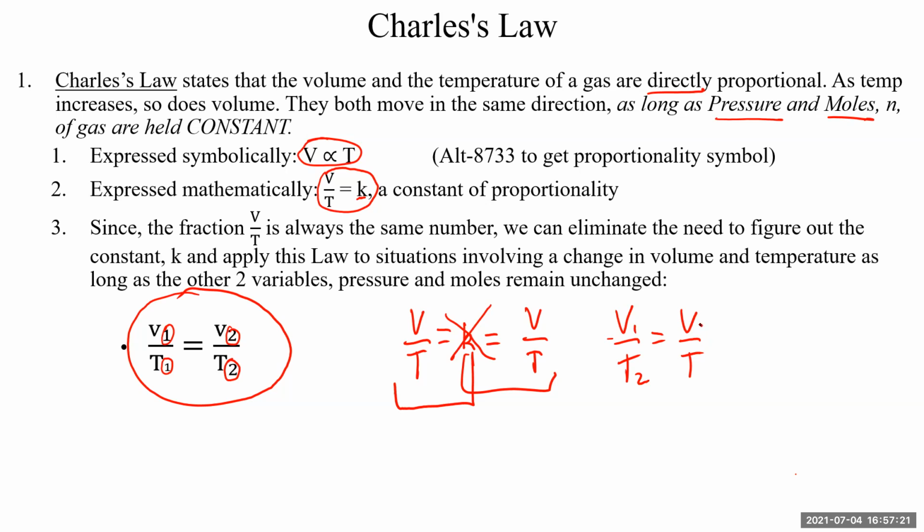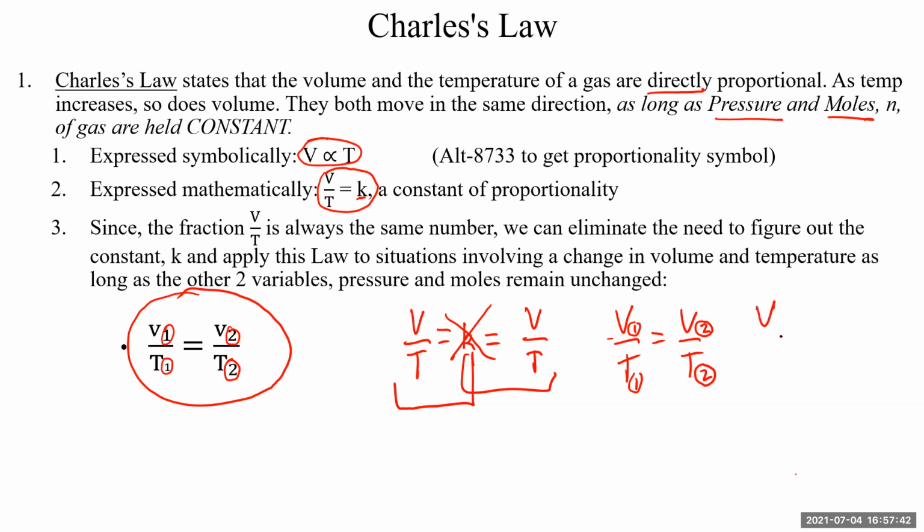And we distinguish between these two scenarios by labeling them either 1, V1, T1, or VA, TA, or VX, TX. It doesn't really matter. The subscripts here are simply referring to one set of conditions, the first set of conditions versus the second set of conditions.